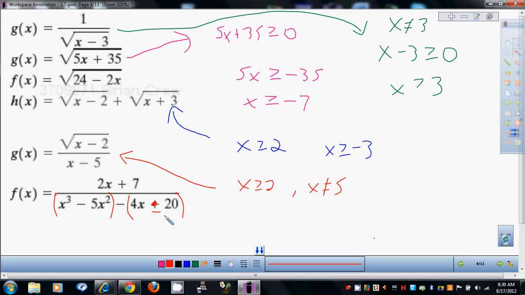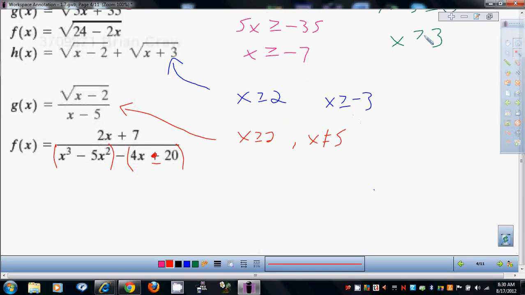Or, of course, I'm sure you'll be reminded of that when your stuff doesn't work out if you don't. So, Austin, going back to what you were saying, what factors out of just this first binomial? Very good. What's that leave you with? x minus 5.